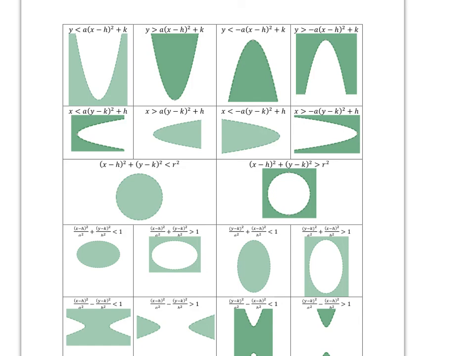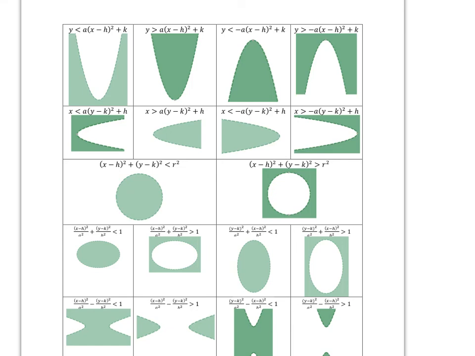Okay, so I'll quickly just summarize these. In the top row, we're looking at vertical parabolas. So look at the first and the third figure. Whenever the inequality is less than, you want to shade below the parabola. And if it's greater than, like in the second and fourth picture, you're going to shade above the parabola.